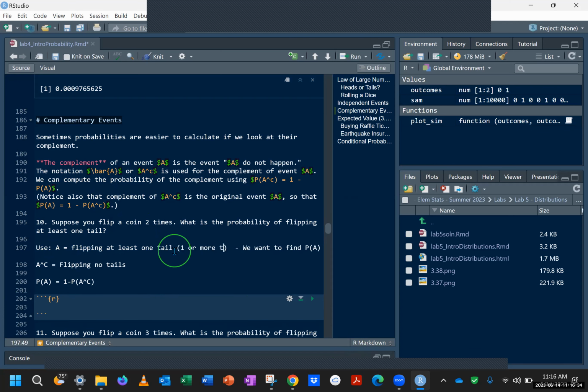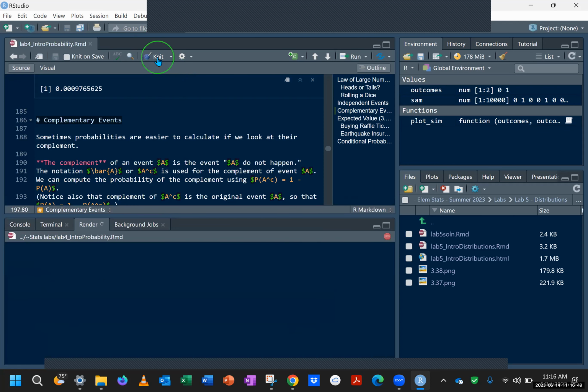I'm going to make you a note here. If I want these to start on new lines, when I knit it, they will jam together. So if I put 2 spaces at the end, now you can knit it, and this is always good to do periodically. You can knit your code and see that it looks like what you want it to look like.